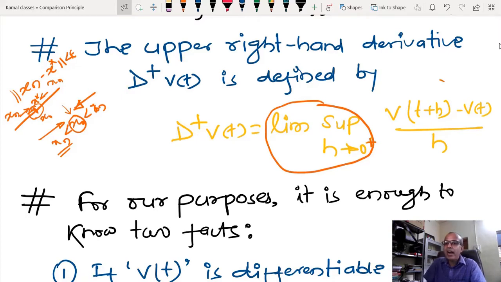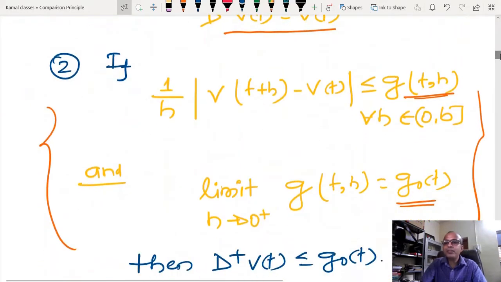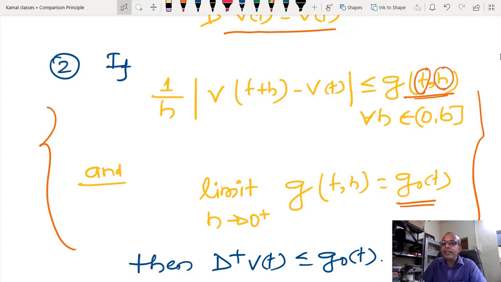Here you can see that I have one sequence defined like that, and then I have some other sequence. Why am I saying sequence? Because h is also varying, since h is going to tend towards 0, so h is basically going to vary here. So this is again generating a sequence, and I have one sequence here and another sequence here.